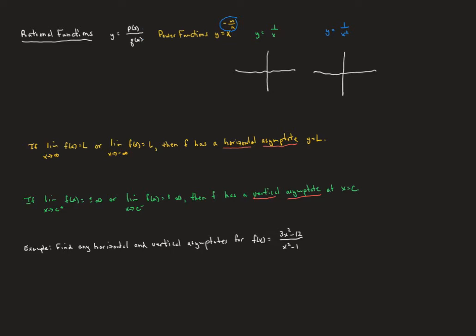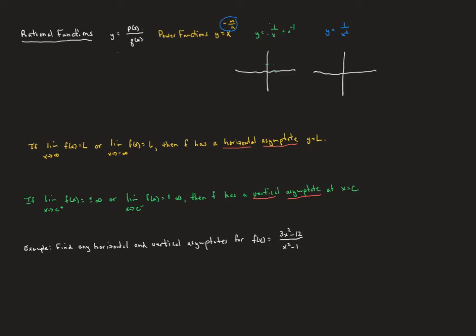I have a couple examples here in the green and the blue. y equals 1 over x can be thought of as x to the negative 1, which is a power function, but you can also see it's a polynomial over a polynomial, so it is also a rational function. Both 1 over x and 1 over x squared will come up a great deal.